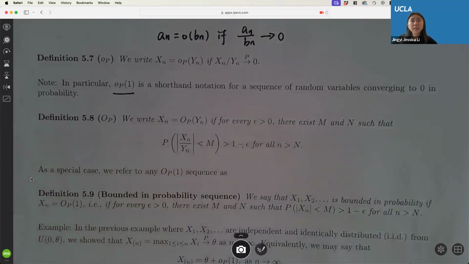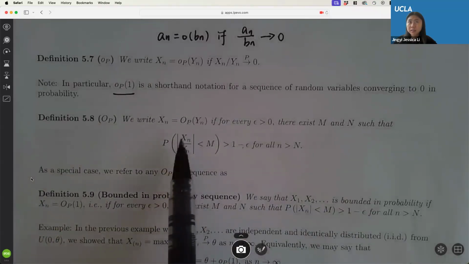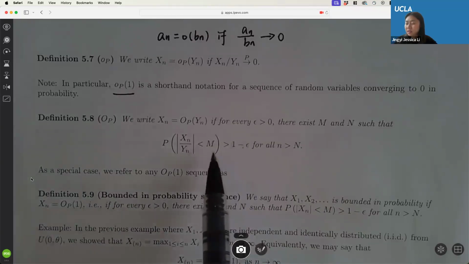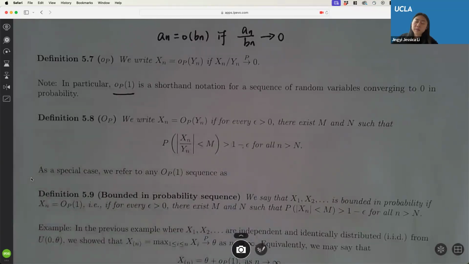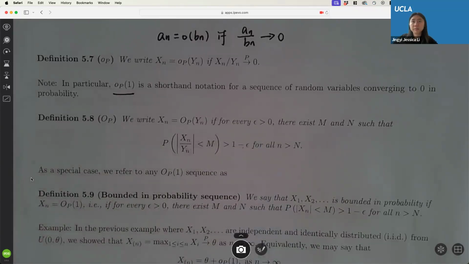Essentially, this big Op is useful when you want to say that this ratio, Xn over 1, has some limiting bounded behavior. As n goes large, they are within some bound with high probability. That's what you want to say, and this happens for every epsilon greater than 0.